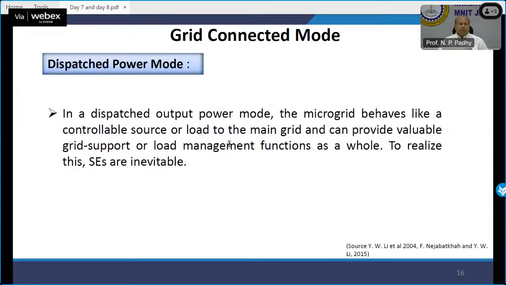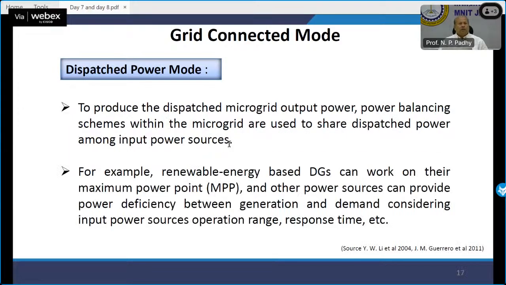Now, in a dispatched output power mode, the microgrid behaves like a controllable source or load to the main grid and can provide valuable grid support or load management functions as a whole. To realize this, storage energy is considered to be inevitable. Now, to produce the dispatched microgrid output power, power balancing schemes within the microgrid are used to share dispatch power among input power sources.